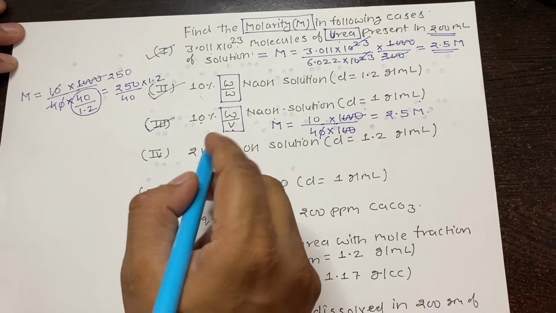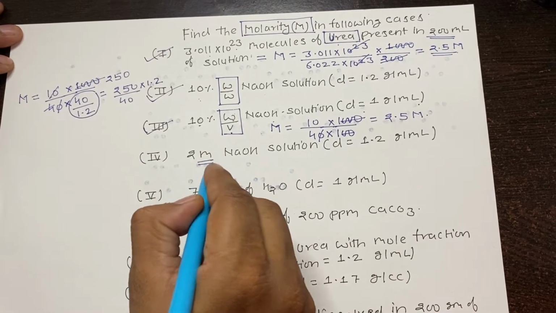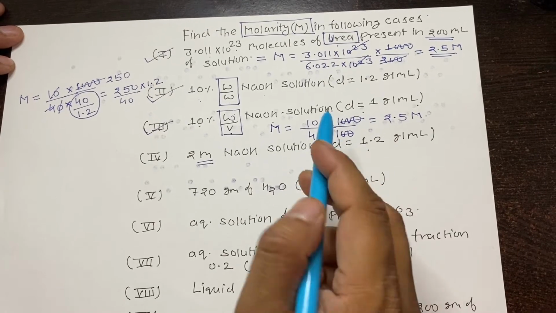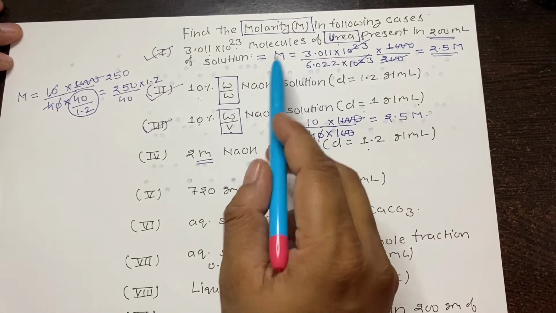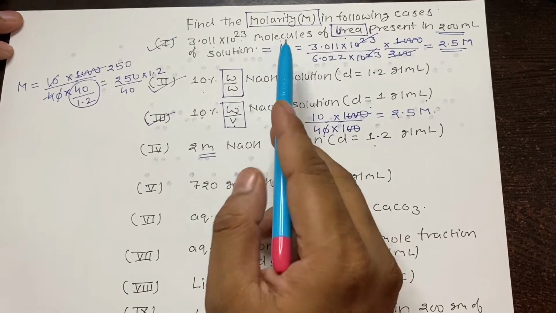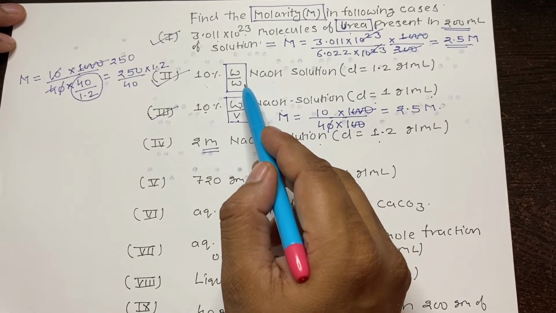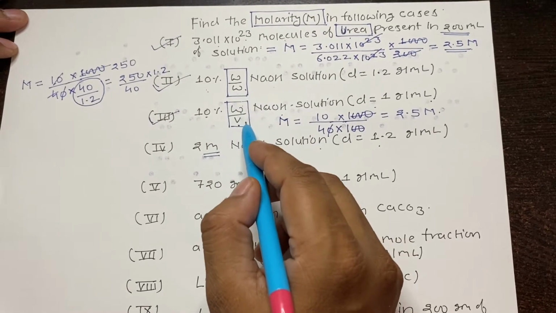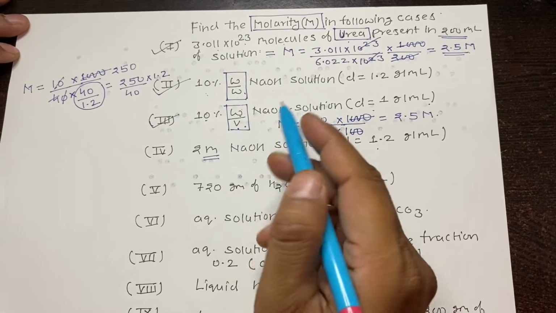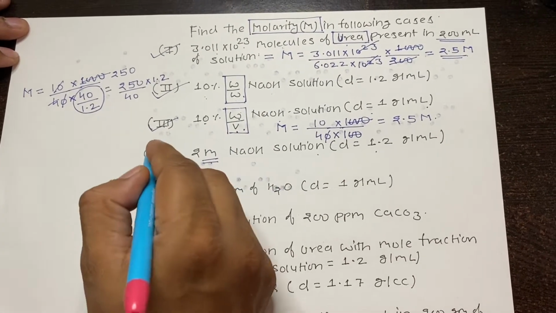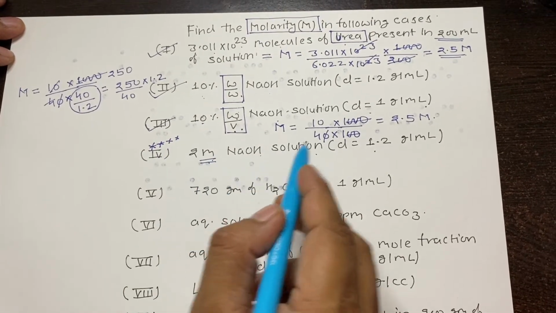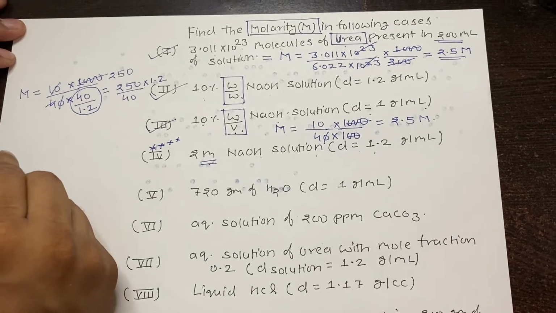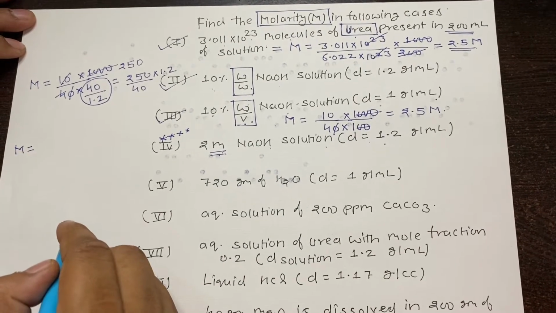In the next part, which is a very important part, 2 m NaOH solution is given. In all cases we are relating the capital M. In the first case we related it with the number of molecules, in the second case with the percentage by mass, and in the third case with percentage W by V. And the fourth case, which is very important with respect to all examinations, is where a 2 m NaOH solution is given. Again, how can we calculate the molarity?